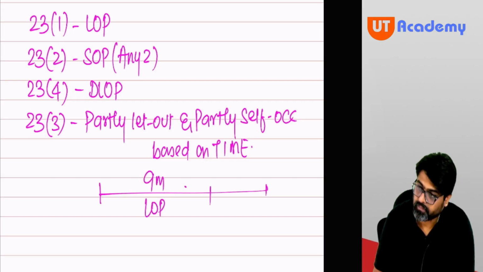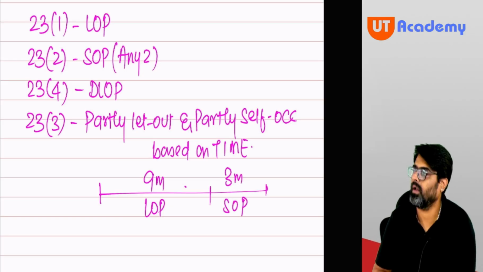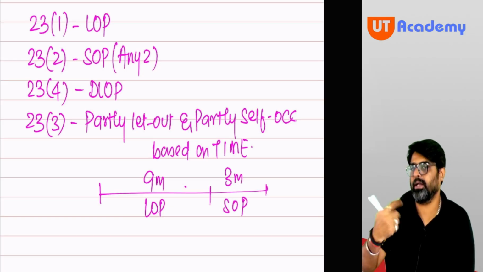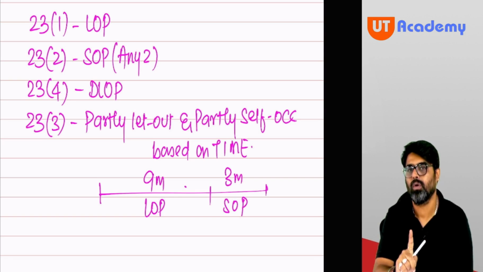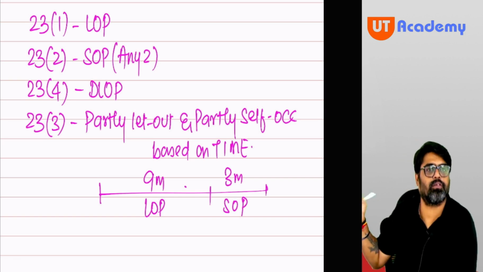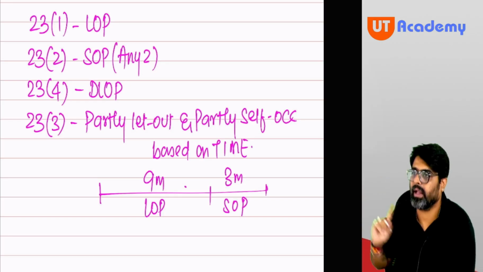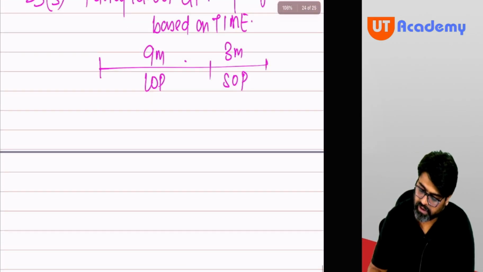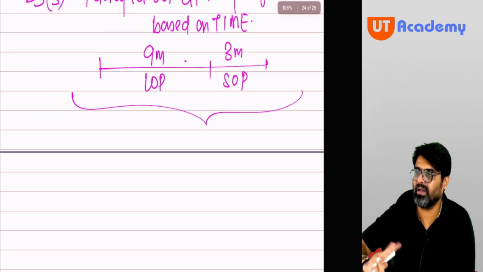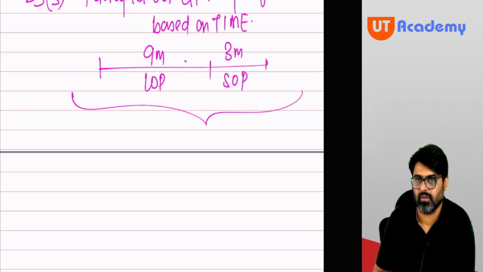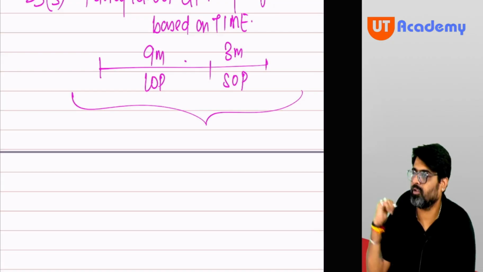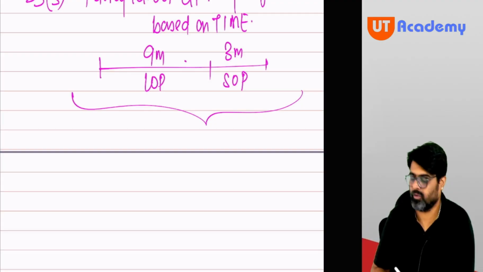Property was let out for 9 months and for 3 months the property is self-occupied. Possible? Now, if after reading the question, you come to know that this is the case, what status will you give? Can you give double status or will you have to give single status? What status? This property cannot be treated as SOP.